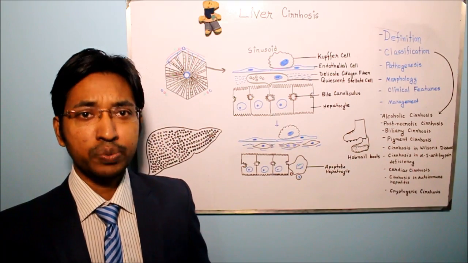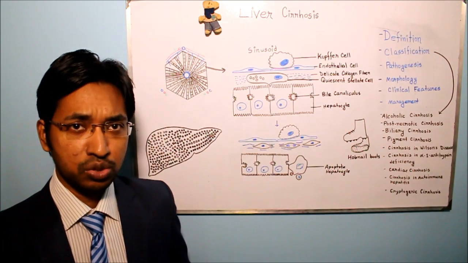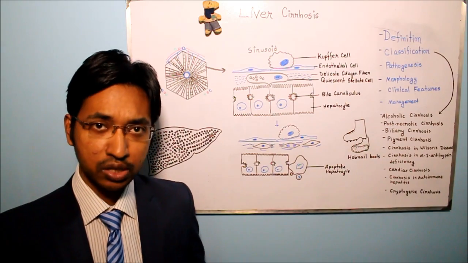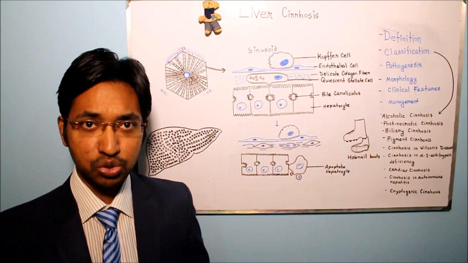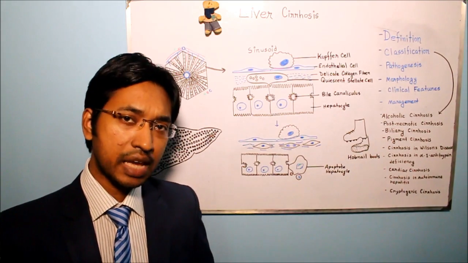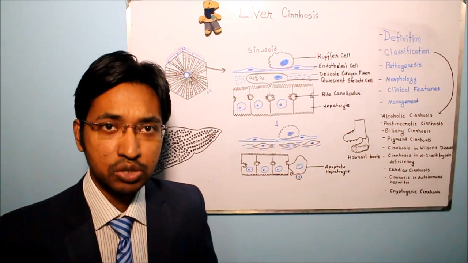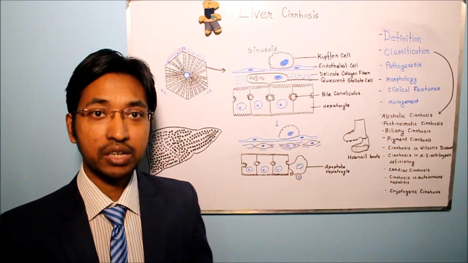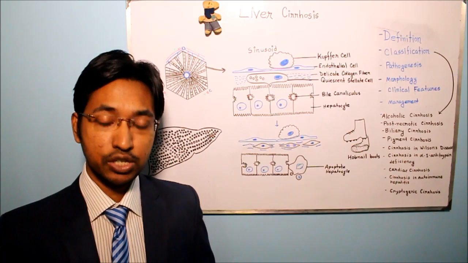And often we will see a triad of clinical features in a patient with hemochromatosis. Obviously there will be liver cirrhosis due to excess accumulation of iron in the liver. At the same time, these patients may also have diabetes due to involvement of the pancreas. And they will also have skin pigmentation.